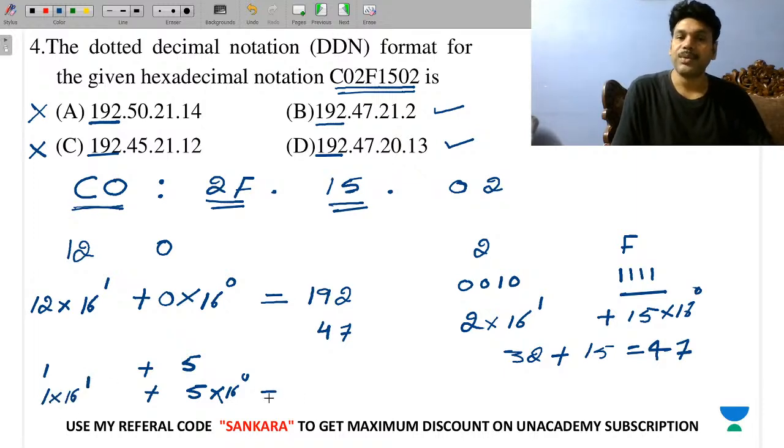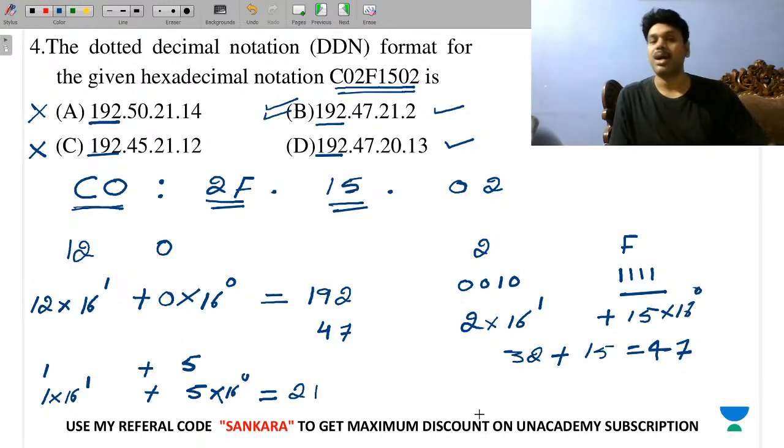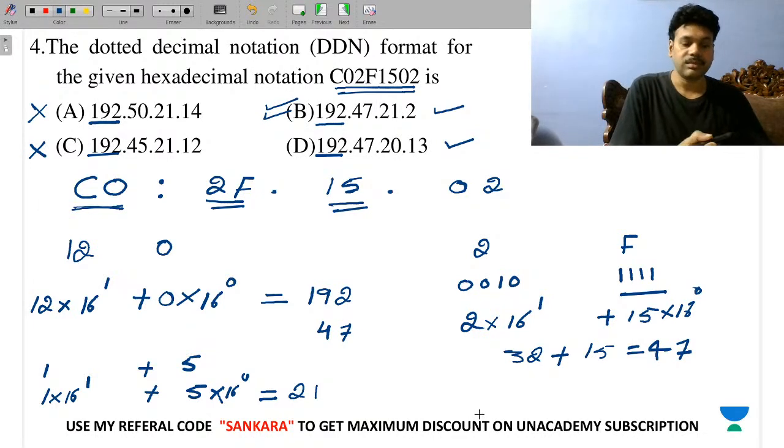So what is the value? It is 5 into 1, which is 5, 16 into 1, which is 16, so it is 21. So we will confirm that this is the answer. This is a very good question, how you are going to convert your hexadecimal digits into dotted decimal format.